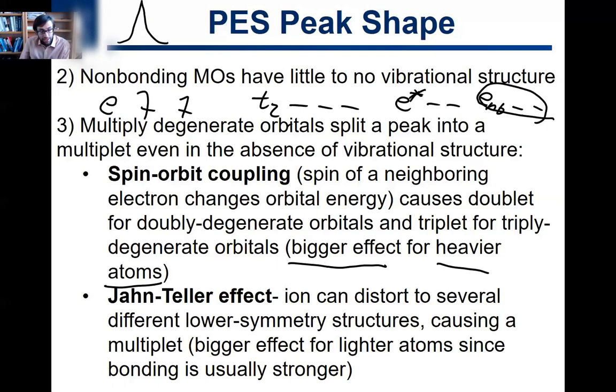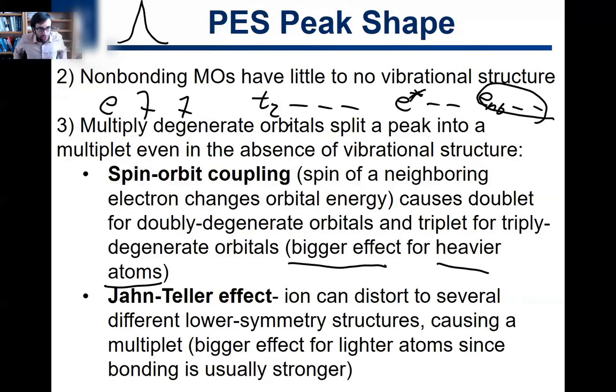There's another effect that can give rise to splitting for degenerate orbitals. Again, we're talking about things like E's, EG's, EU's, T2G's, things like that. This is called the Jahn-Teller effect. If you took a basic inorganic chemistry course, you may remember the Jahn-Teller effect as being a distortion that happens from an idealized geometry.